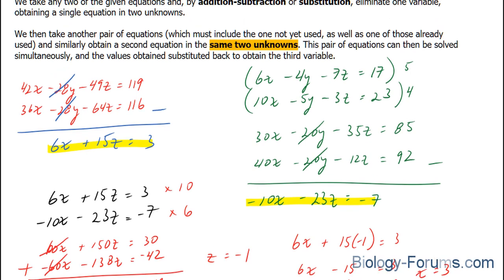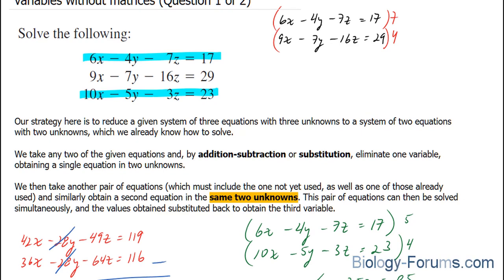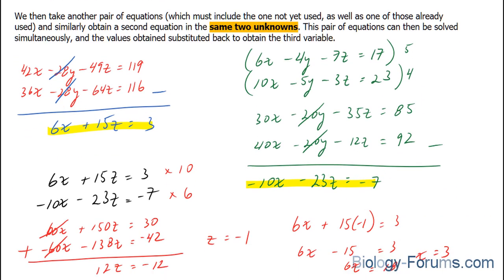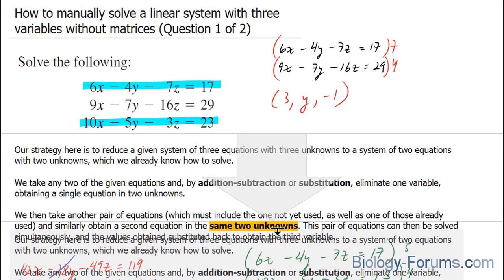To find your last coordinate y, you can use any one of these equations here. So let's rewrite these out. We have 3, a missing y, and negative 1. We will now substitute these values in here. I'm just going to create some extra room for you.